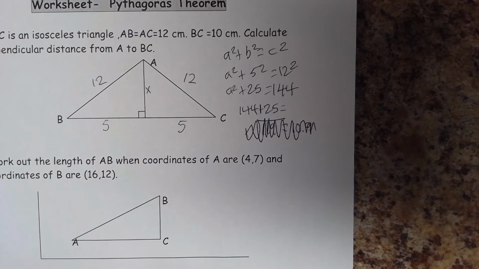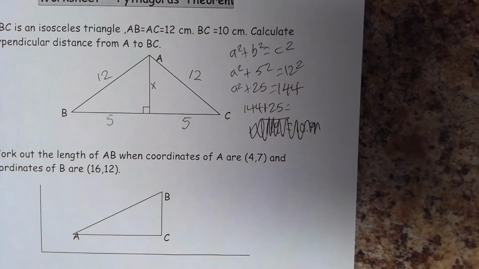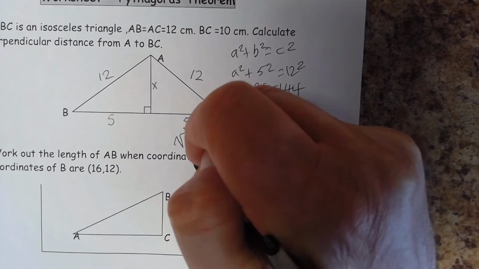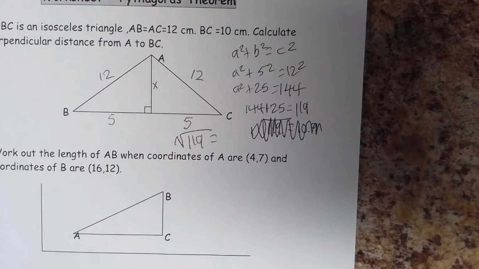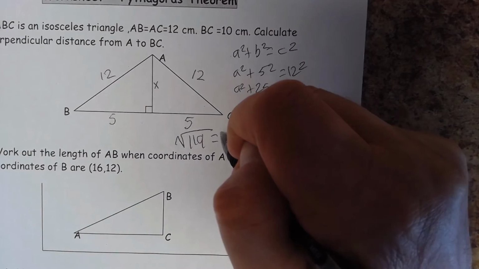Never mind, you have to subtract. So this was apparently the middle side. Whatever. This diagram is crappy, to say the least. But anyways, we'll go with it. 144 minus 25 is 119, and we'll do the square root of 119 down here, which is about 10.9.